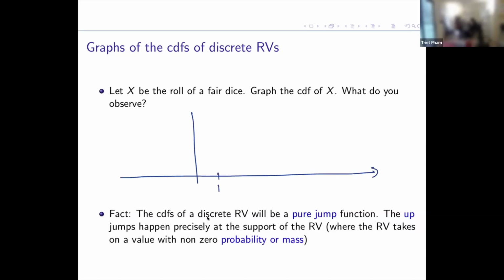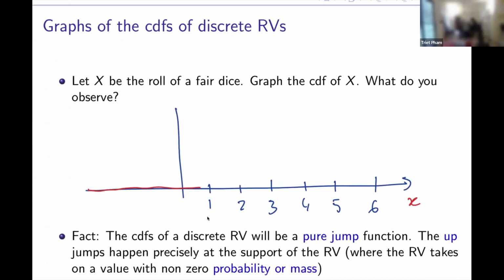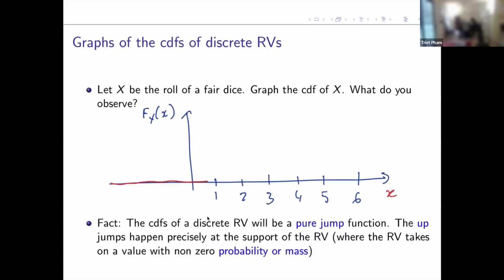For example, we gave the example of the dice toss, 1, 2, 3, 4, 5, and 6. So this is x, and this is the CDF of the dice toss.